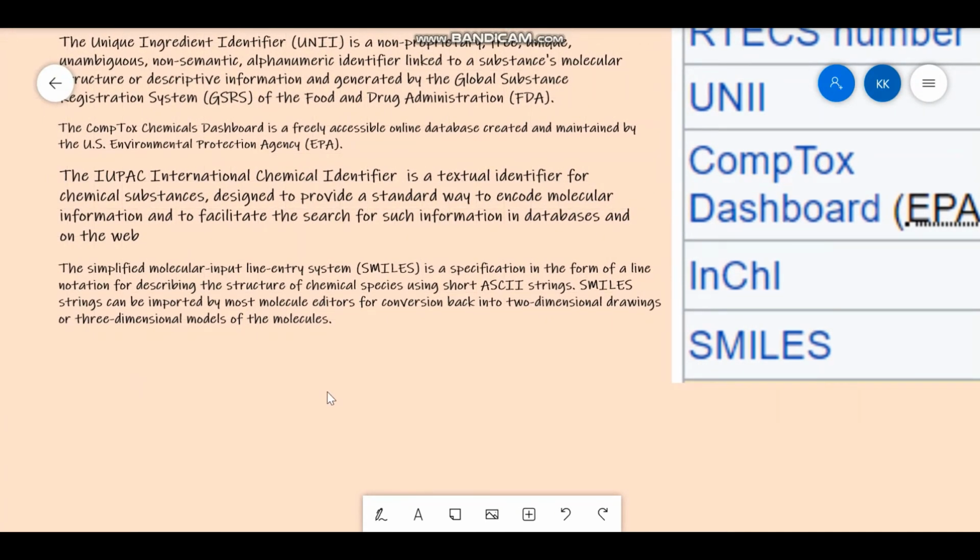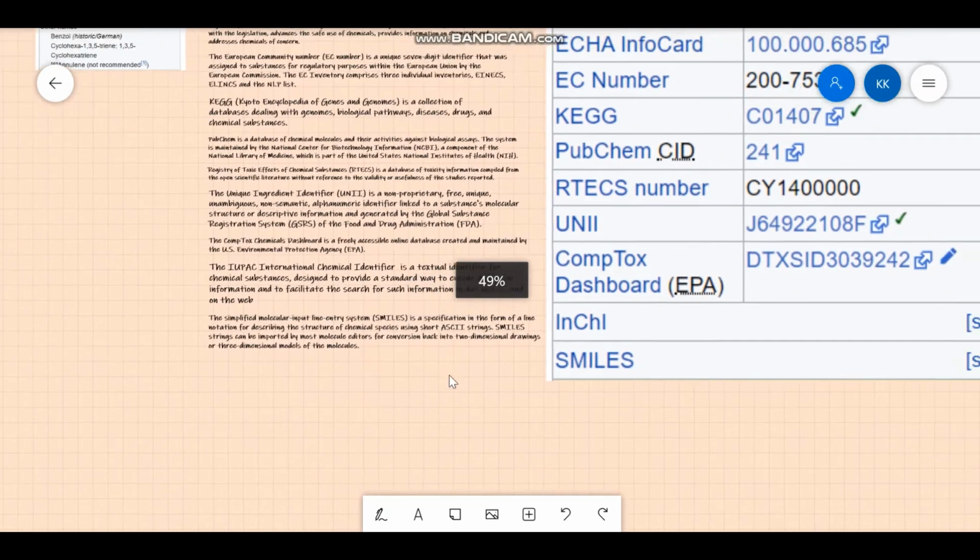The Simplified Molecular Input Line Entry System (SMILES) is a specification in the form of a line notation for describing the structure of chemical species using short ASCII strings. SMILES strings can be imported by most molecule editors for conversion back into two-dimensional drawings or three-dimensional models of the molecules.